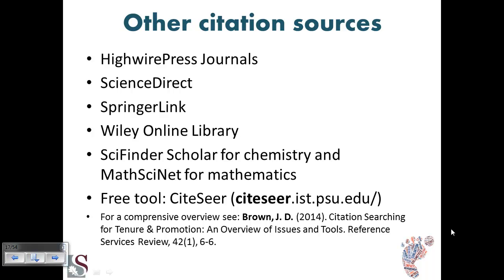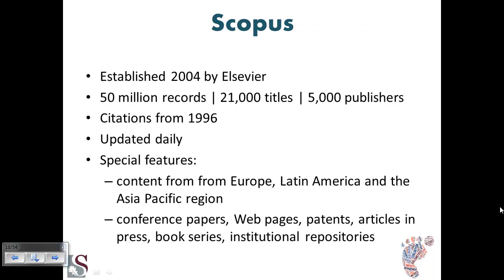And then there's a free tool site here, which is also available for use. Right, I think we can hand over to Peter now. He will tell you more about Scopus and the rest.